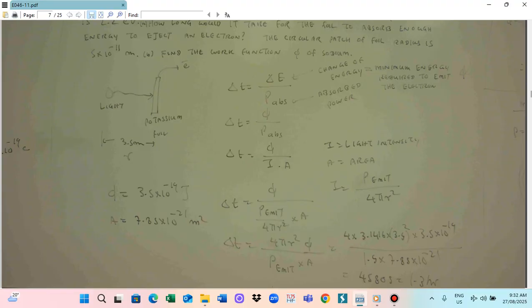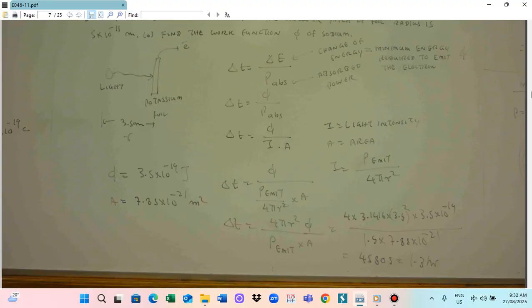Then we substitute here. R is the given distance, 355 meter. The phi requirement is 355 into 10 power minus 19 joule. The emitted power is light power, which is only given as 1 by 5 watts.